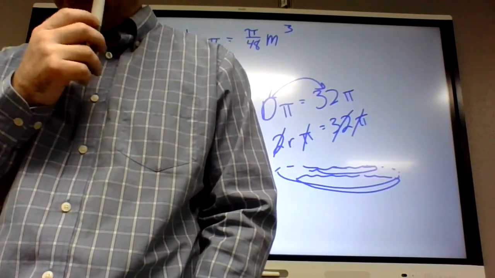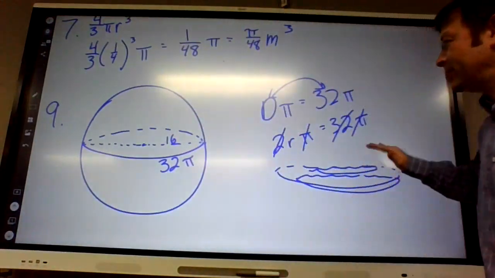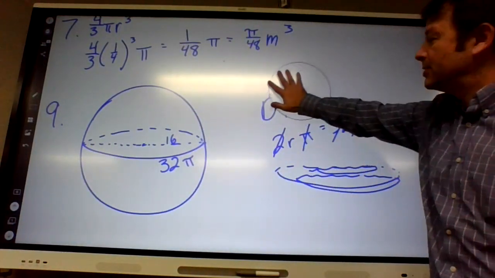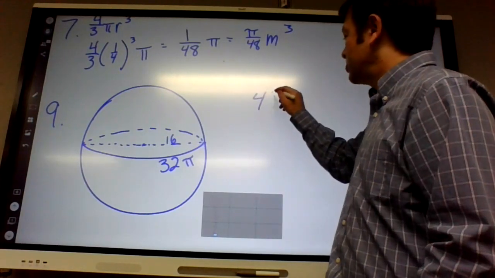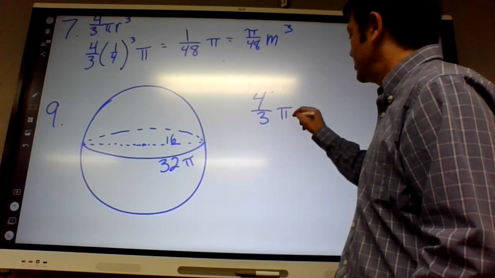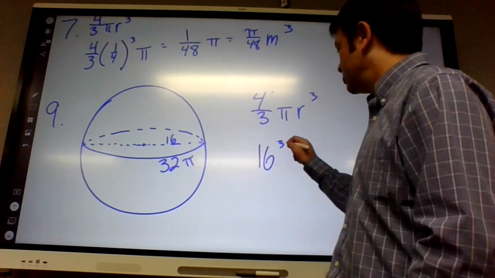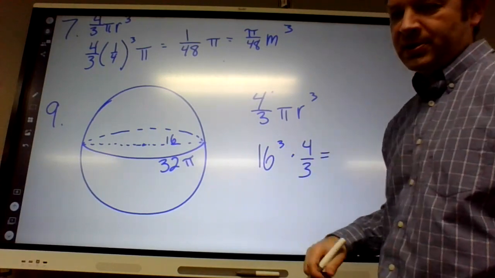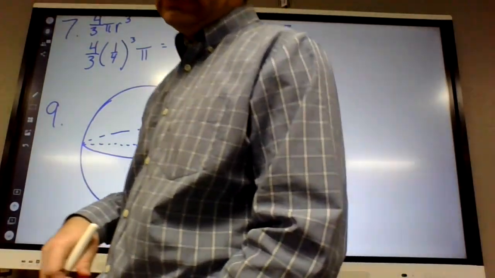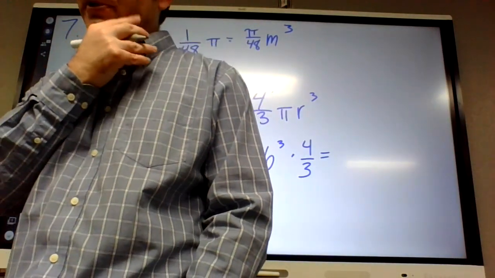We're just supposed to find the volume, right? All that work just to find the radius, but anyway, we're just supposed to plug 16 into the formula, which was 4/3 pi r cubed. So 16 cubed times 4/3. They wrote a giant fraction, but they also wrote a decimal.